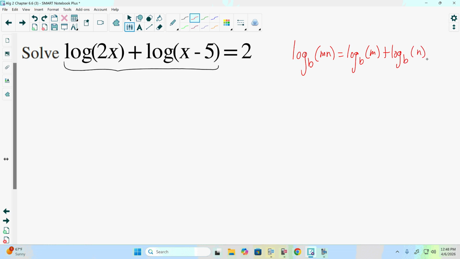So if we have two things multiplied together inside a logarithm, we can rewrite them as a sum of those logs. Conversely, if we have two logs with the same base being added together, we can rewrite it as a single log with what's inside each of those logarithms being multiplied together. So we can rewrite these two logs as log of 2x times x minus 5.